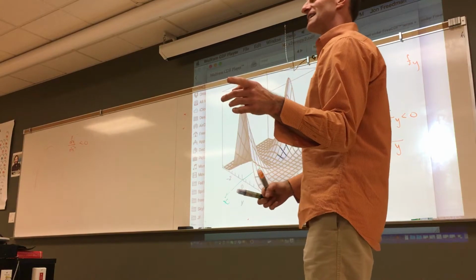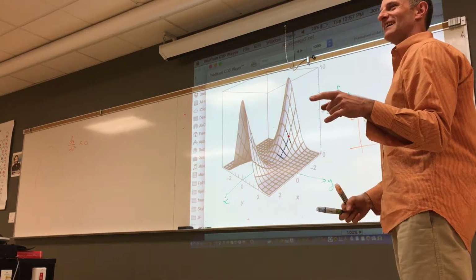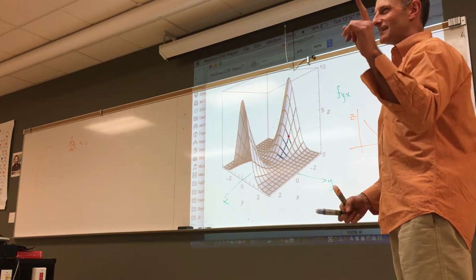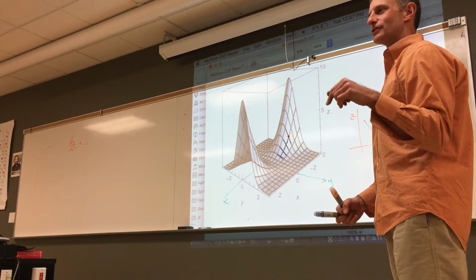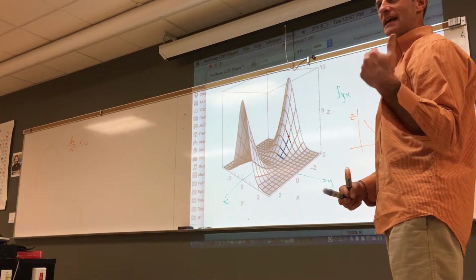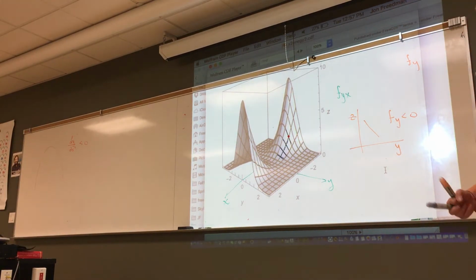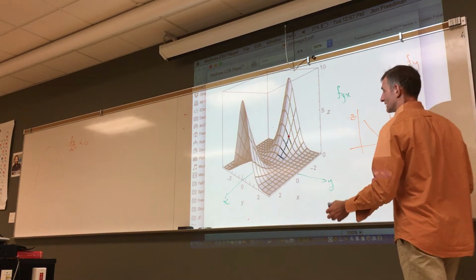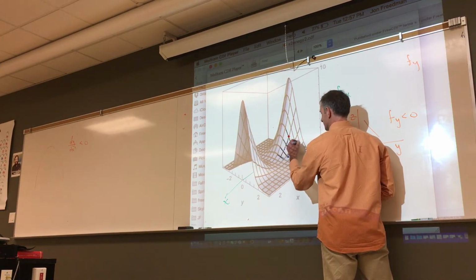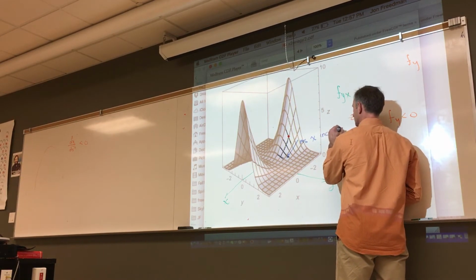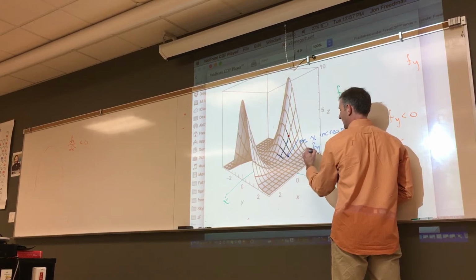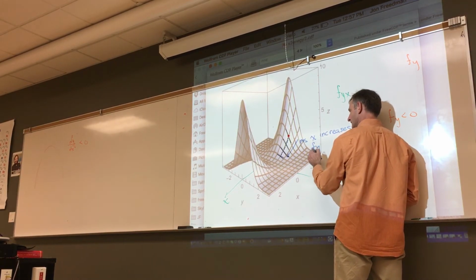So can we agree that technically Fy is increasing in the x direction? That is, as x gets bigger, Fy is becoming less negative. So as x increases, Fy is becoming less negative.